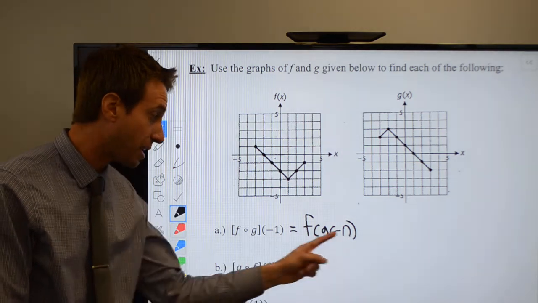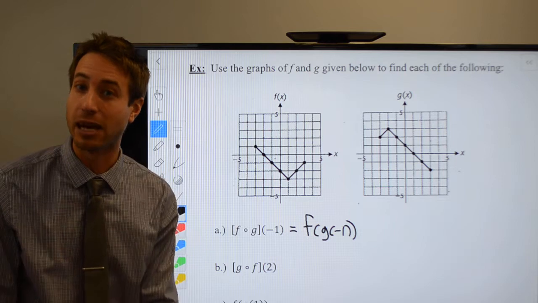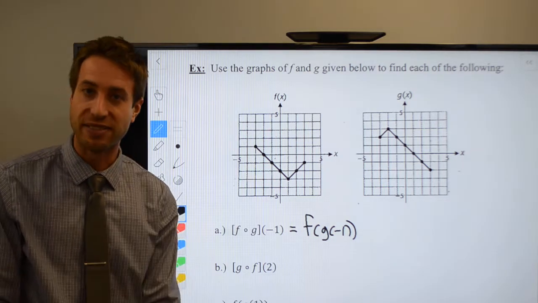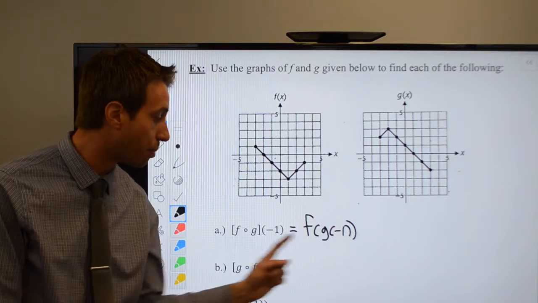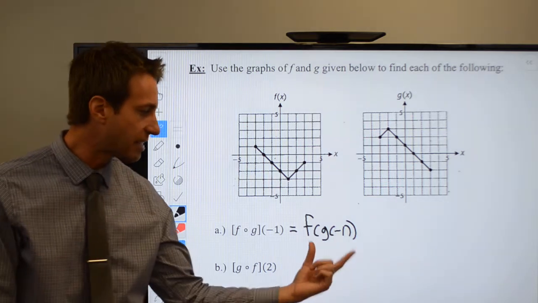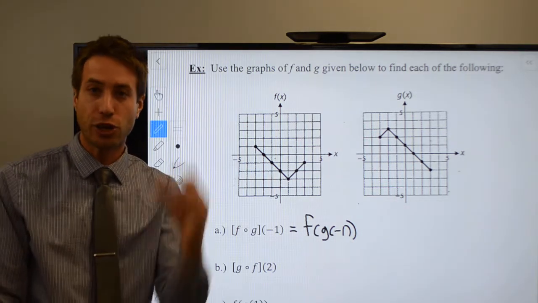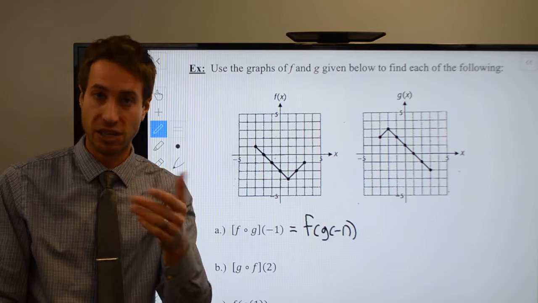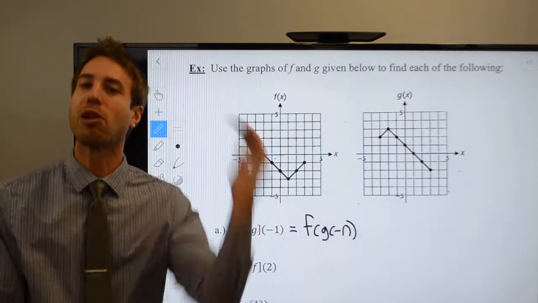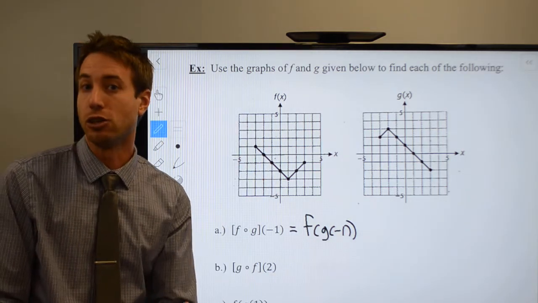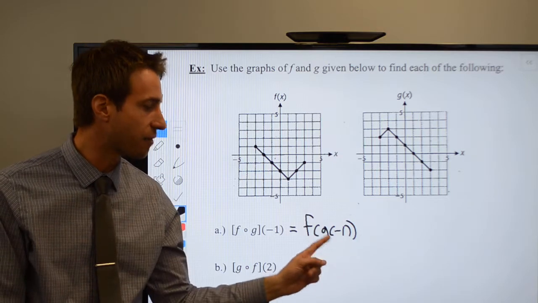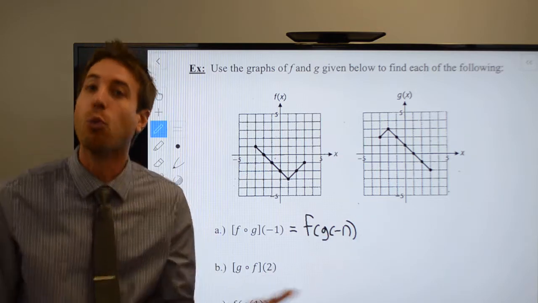Again, you should be comfortable by the time we get done with this set of notes and these videos. You should be comfortable with both notations, but maybe this helps you see it a little bit better. You're going to take that domain value, -1, and plug it into the function g. So I'm going to plug a -1 into the function g and figure out what that gives me.